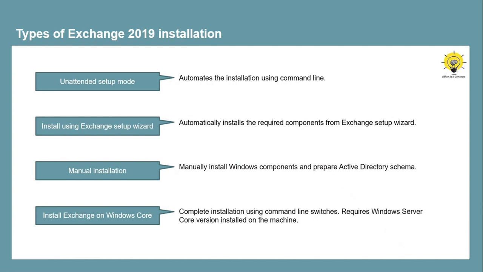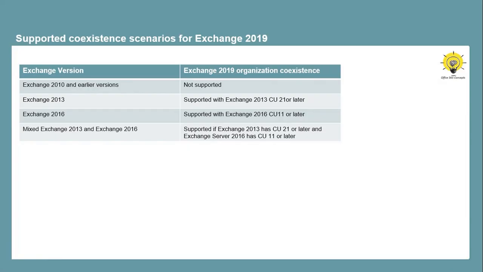For this demo, we will be installing Exchange 2019 using the manual installation method, which will cover installation of Windows components through PowerShell, preparing Active Directory and Active Directory schema using command line switches, and then we will install Exchange 2019 using Exchange Setup Wizard.